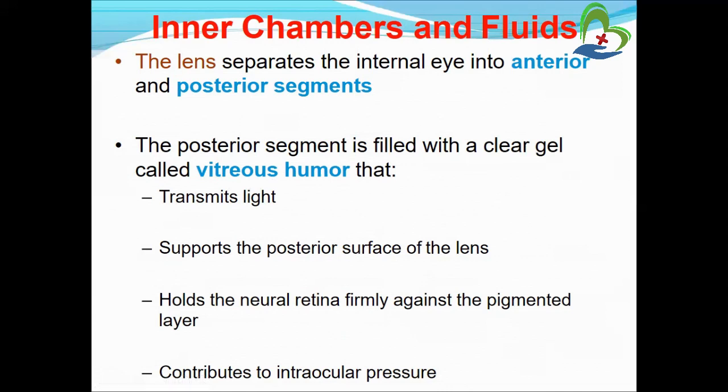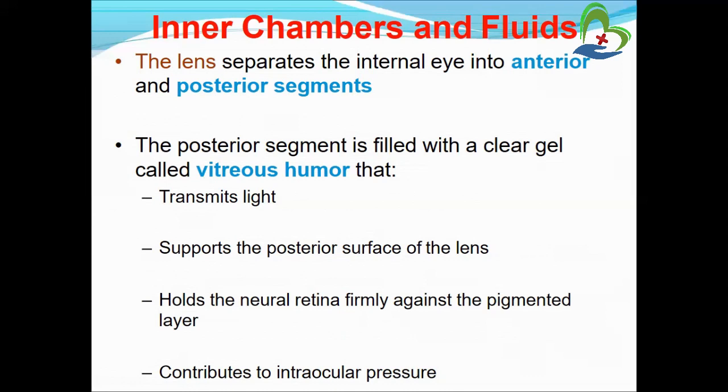Vitreous humor is a clear, gel-like fluid present in the posterior segment. What is its function? It transmits the light and supports the posterior surface of the lens.